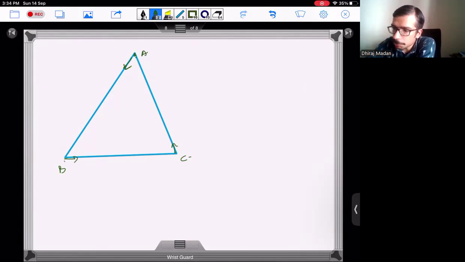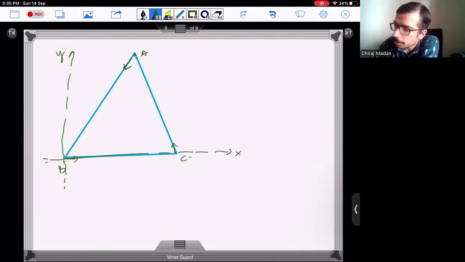A is moving along this direction, AB. And B is moving along the x-axis. So let me create this axis also. Let me call this the x-axis and this the y-axis.